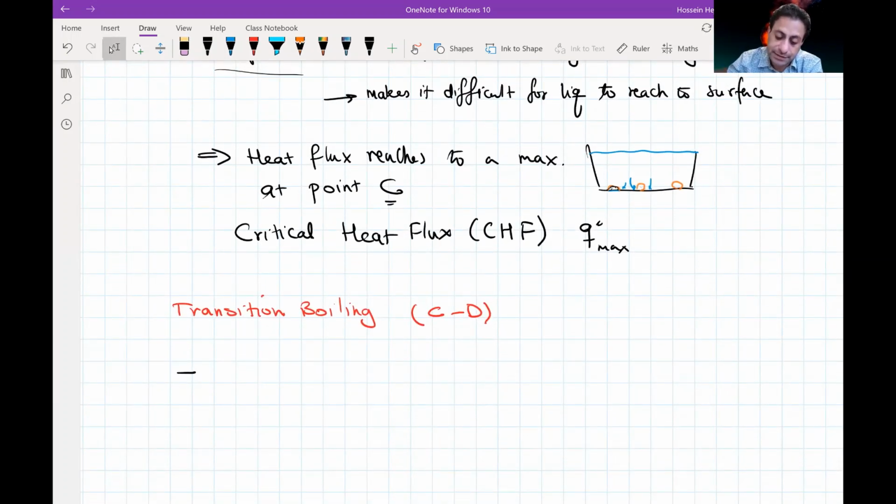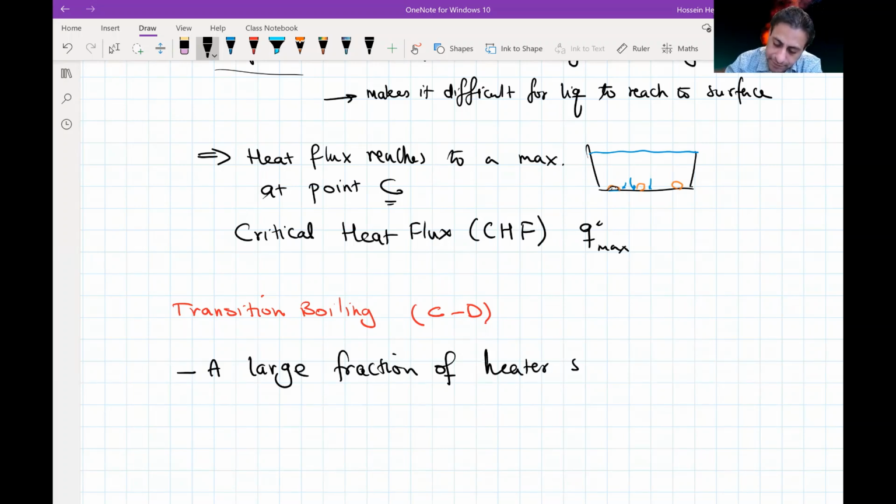That's where we experience the maximum heat flux; beyond that the flux decreases, and that happens when a large fraction of the heater surface is covered by a vapor film.